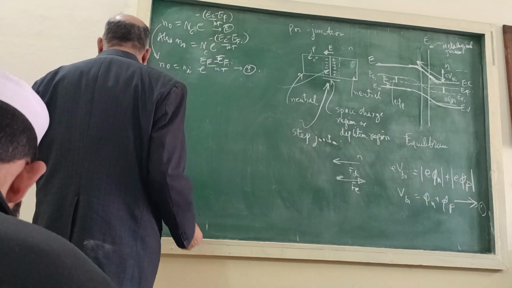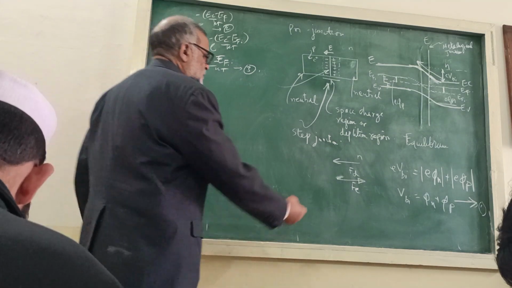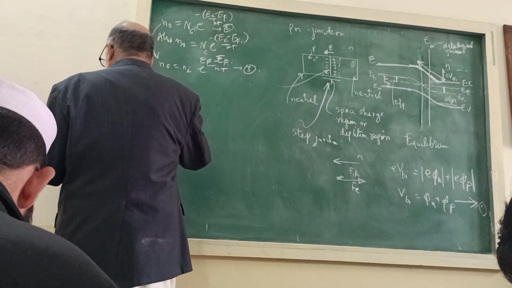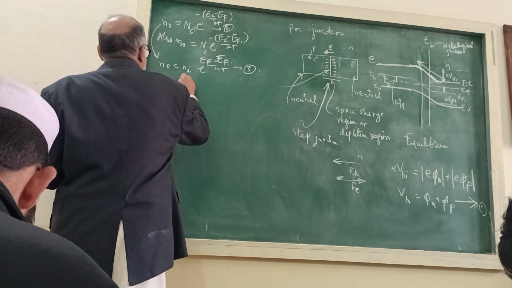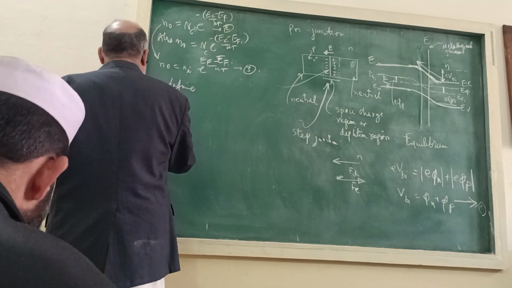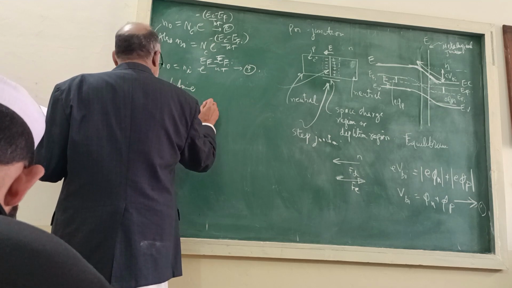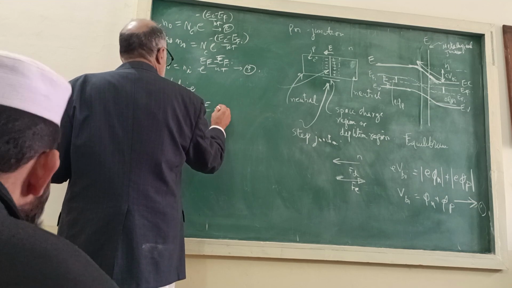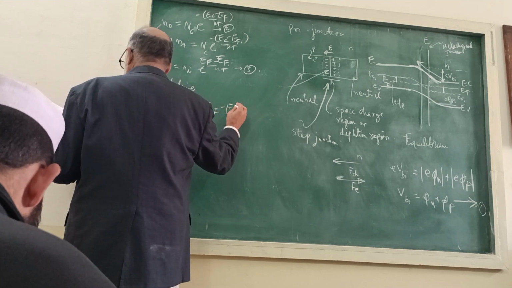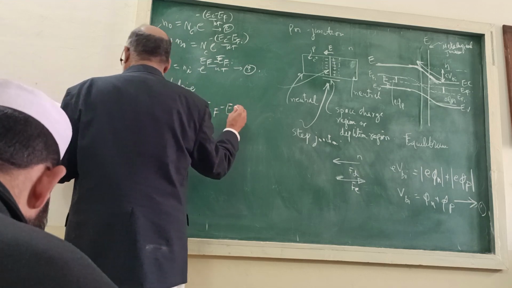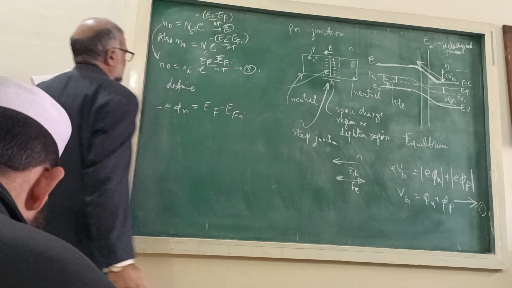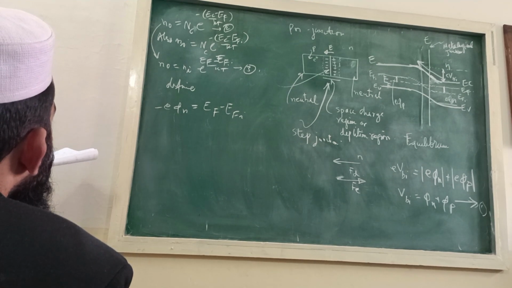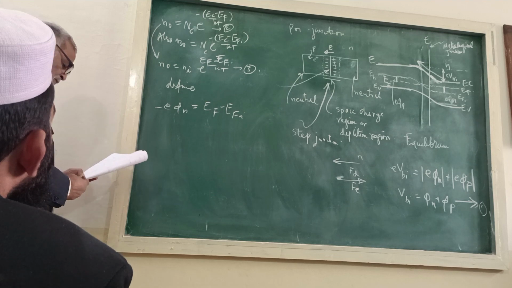Now we define this potential, as I said, as the difference between two Fermi energies. So we define E phi n equal to Ef minus Efi. Let us define it like this.